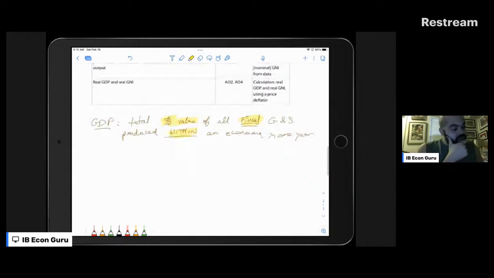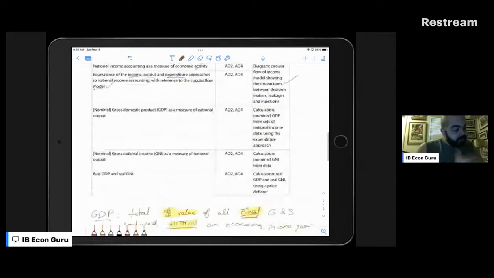So how do we measure GDP? Again, the three approaches: the output approach, the income approach, and the expenditure approach. However, GDP is not a perfect measure, so we make some adjustments based on what we need from this national income statistic.